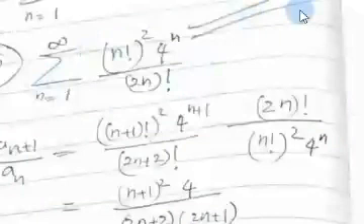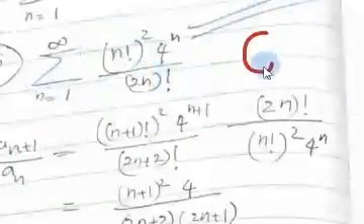Let's write this one in terms of C n's. I think you know this notation, right? We use this for binomial expansion.